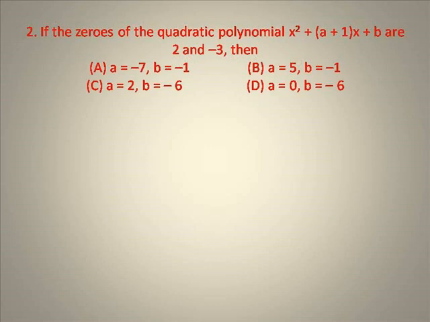Second question. If the zeros of the quadratic polynomial x square plus (a plus 1) x plus b are 2 and minus 3, then which option will be correct? That you need to find. So let's go for the answer.